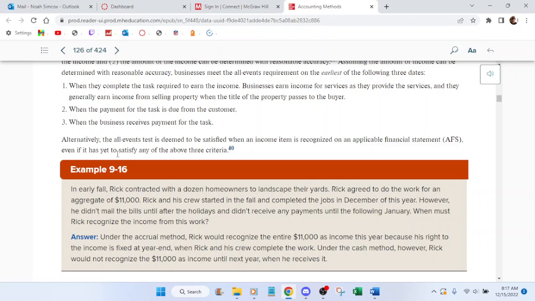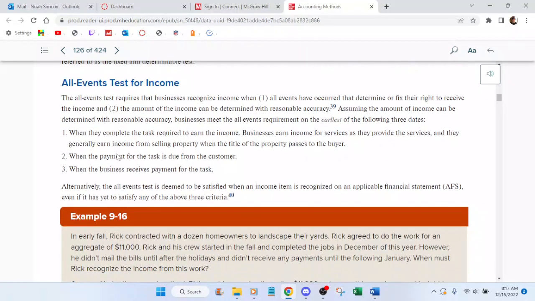So Rick contracted with a dozen homeowners to landscape their yards. He agreed to do the work for an aggregate of $11,000. They started in the fall and completed the jobs in December of this year. He did not mail the bills until after the holidays.